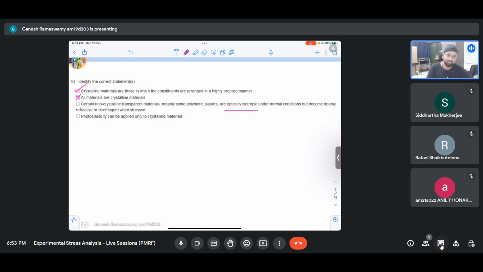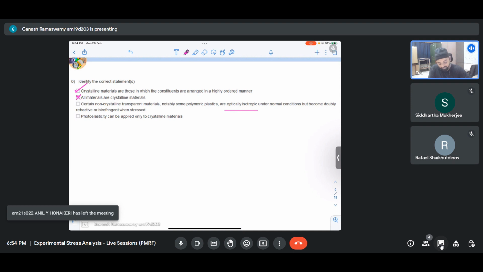Understandably there might be some repetition, but this is what we are trying to emphasize. They become doubly refractive or birefringent when stressed. Yes, these are all the photoelastic materials.